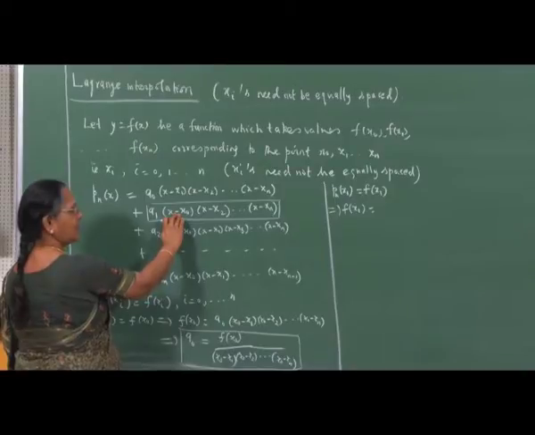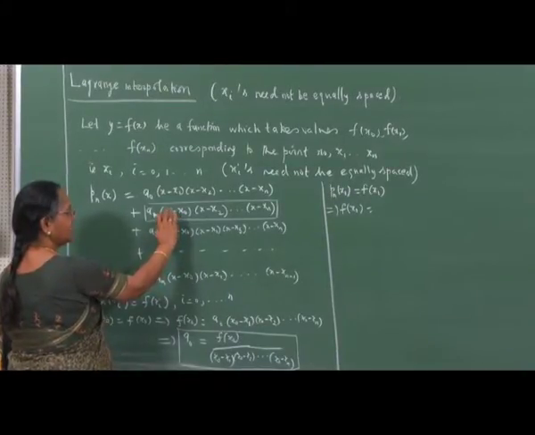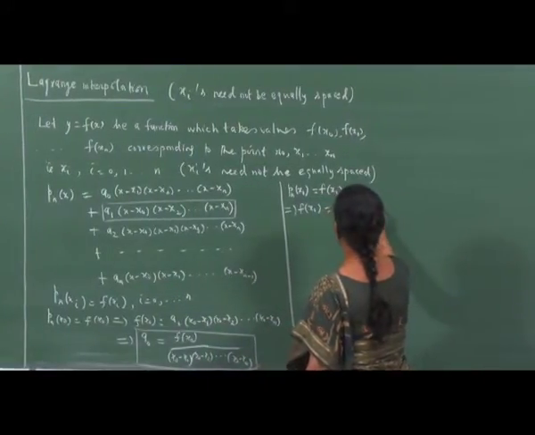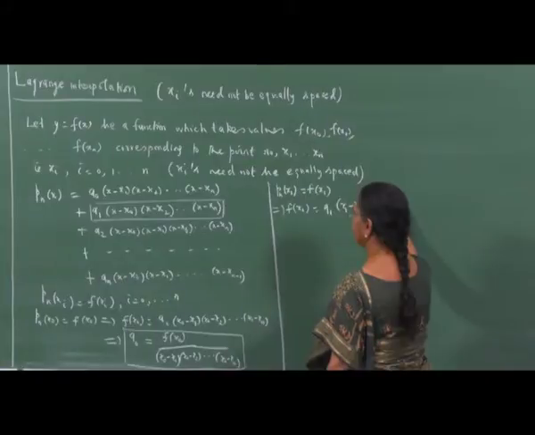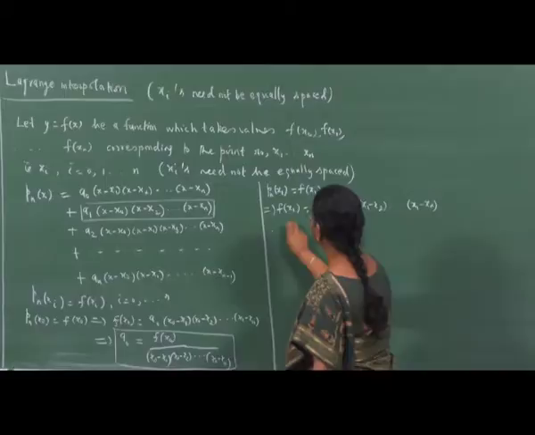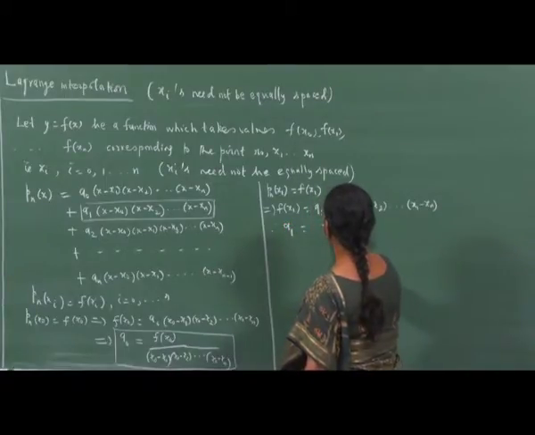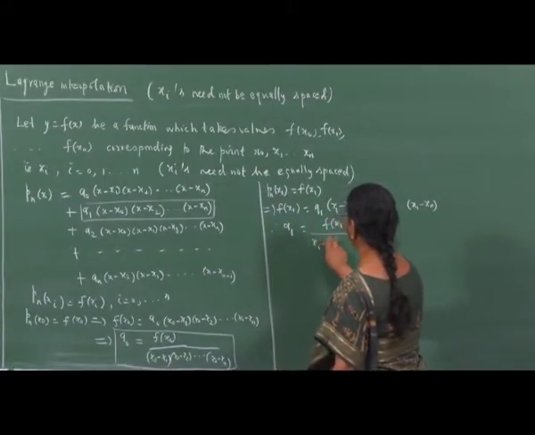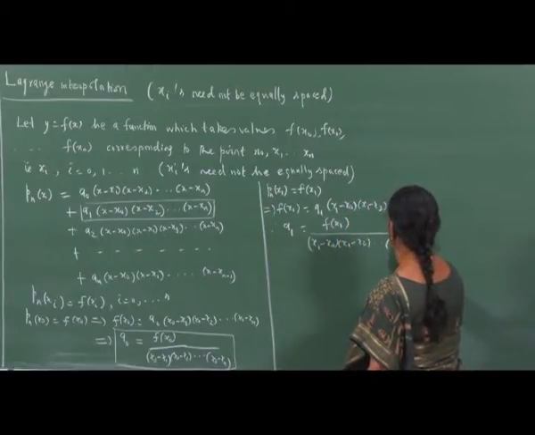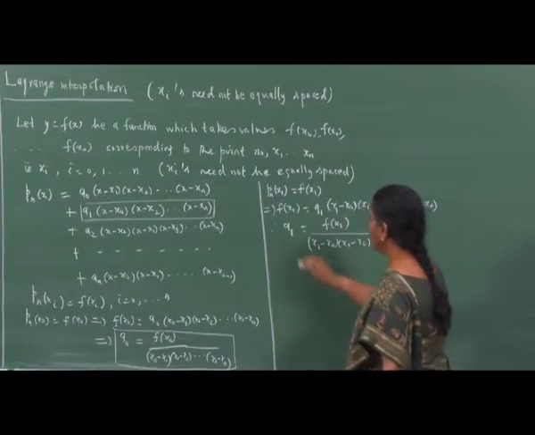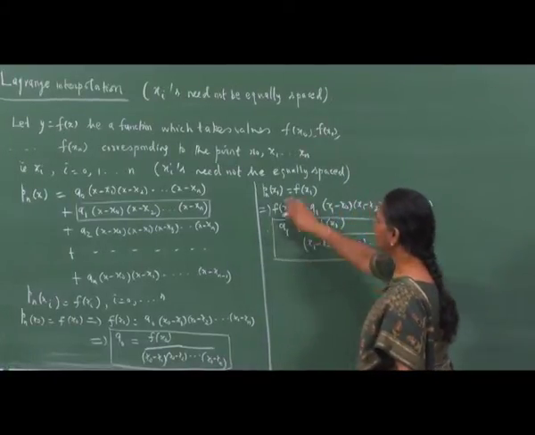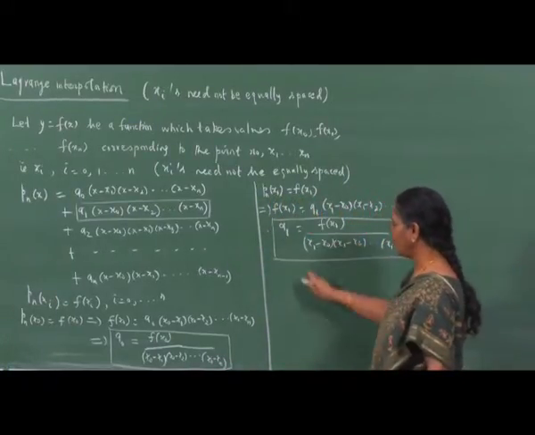The only term which contributes from the right hand side is this term, and that gives you a 1 into x 1 minus x naught into x 1 minus x 2 etc. up to x 1 minus x n, and therefore, a 1 is f of x 1 divided by x 1 minus x naught into x 1 minus x 2 etc. up to x 1 minus x n. So, we have determined a 1 from the condition P n at x 1 is f of x 1.